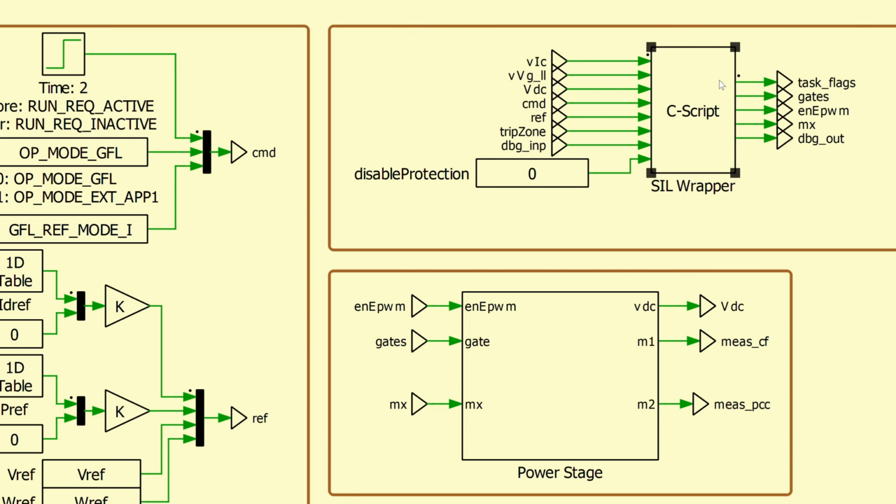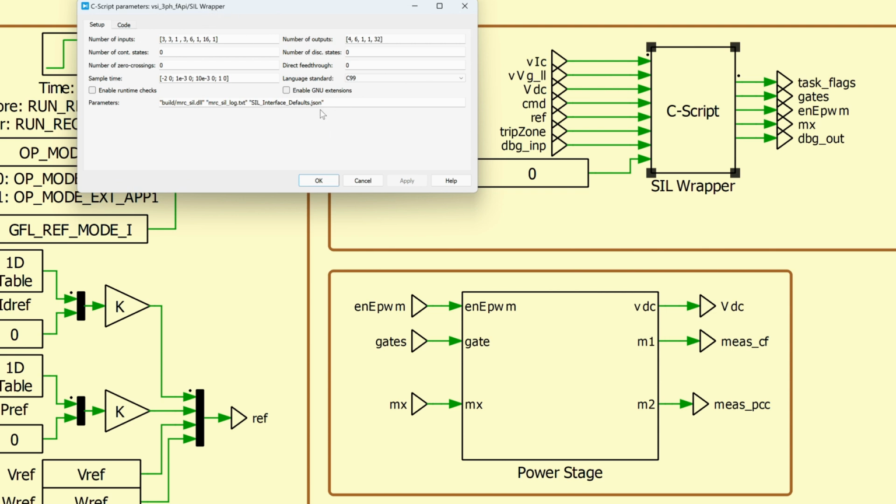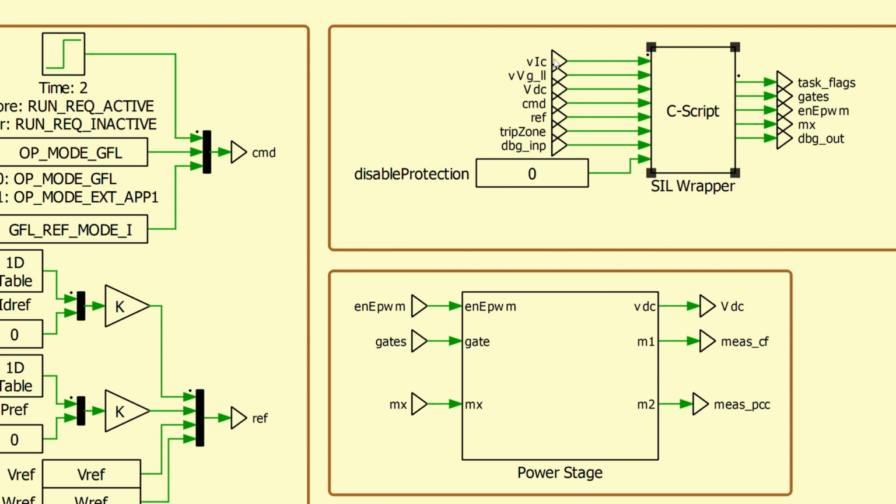This C script block loads a dynamic link library DLL file internally, and this is built using the FAPI software and the external application code that we previously incorporated through the FAPI wrapper files. On the input side, it is getting feedback signals VIC, VGLL, the line-to-line voltage on the grid side, and then the VDC from the DC source.